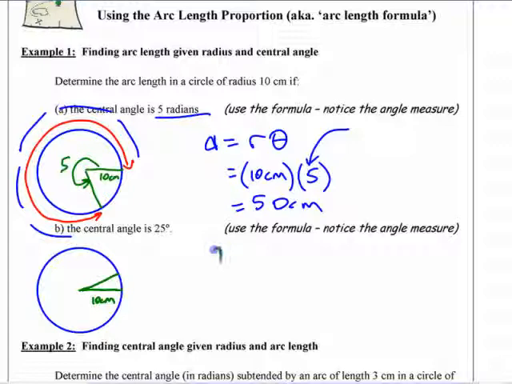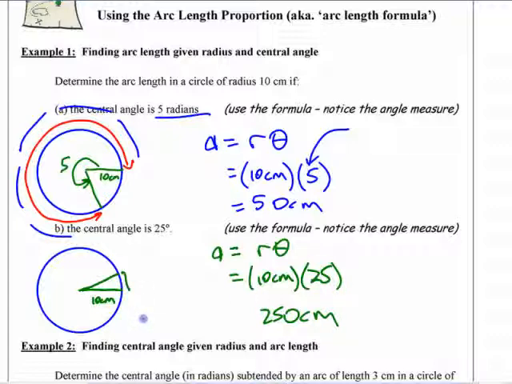If you're blindly using the formula, you might say, oh, it's r times theta, I memorized that. I got 10 centimeters times 25, so 250 centimeters. Does that make any sense? There's no way this short little distance could be 250 centimeters. This formula does not apply if the angle's in degrees.